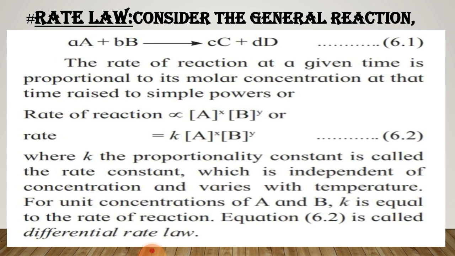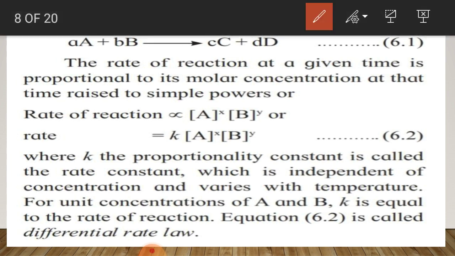Here X and Y are the powers raised to the concentration of the reactants A and B. So the rate of the reaction is directly proportional to the concentration of the reactants raised to these powers.